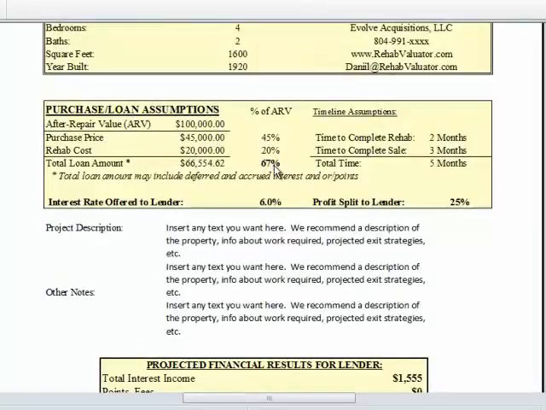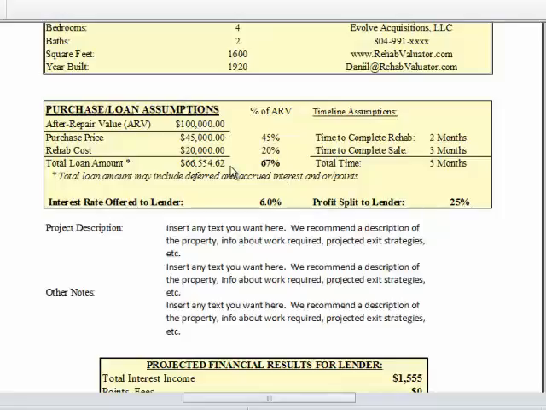So the thing to always tell your private lenders is, if you want to think of the worst case scenario, let's say I stop making payments to you and you have to foreclose on me. Well, guess what? You're going to take back a property that's going to be worth $100,000 and you're only owed $66,000. You're actually going to make more money in the worst case scenario. You're going to make more money by taking the property back from me.